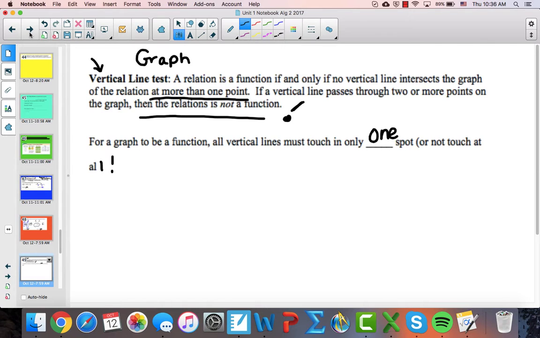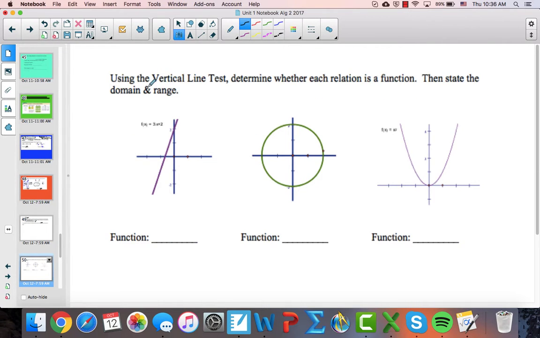All right, well, let's look at some examples. Now, a couple of things. These graphs kind of end. I want you to put arrows on the end here and here and here and here. That tells me that those values, that graph continues on forever. All right, so if I want to use the vertical line test and I look at this, the vertical line passes the graph here once.